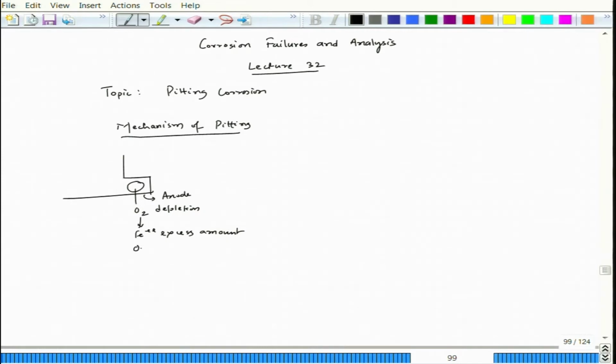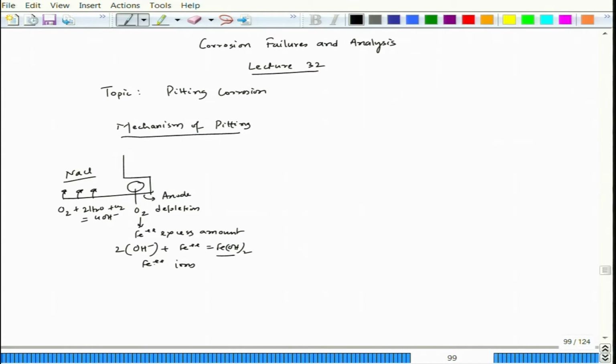The OH minus that is available would react with Fe++ to form Fe(OH)2, but since we have a huge amount of oxygen reduction in NaCl solution, it has to produce more Fe++ ions, and that would be in excess once the solubility product of this particular species exceeds.